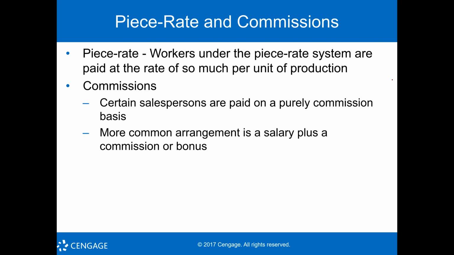And then commissions: certain salespersons are paid on a purely commission basis, but the more common arrangement is salary plus commission or bonus. So maybe you make X amount salary per week or per month, but then you get paid extra if you hit a certain sales target or sales goal.